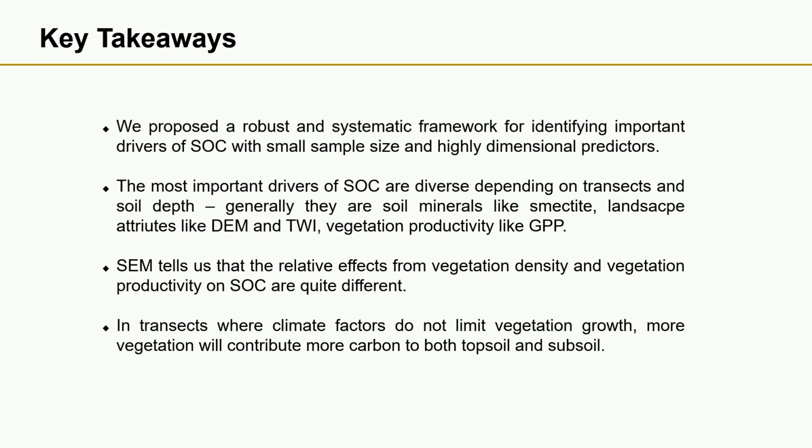The SEM modeling tells us that the relative effects of vegetation density and vegetation productivity on soil organic carbon are quite different. In transects where climate factors don't limit vegetation growth, more vegetation will contribute more carbon to both topsoil and subsoil.